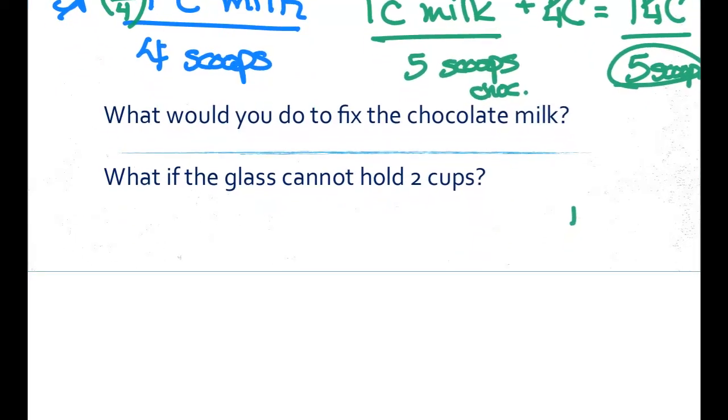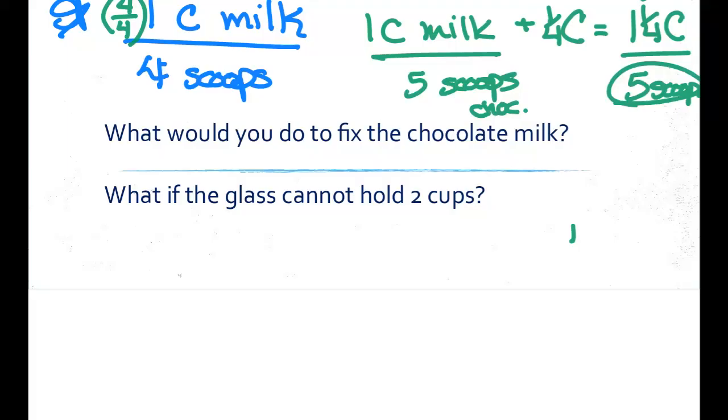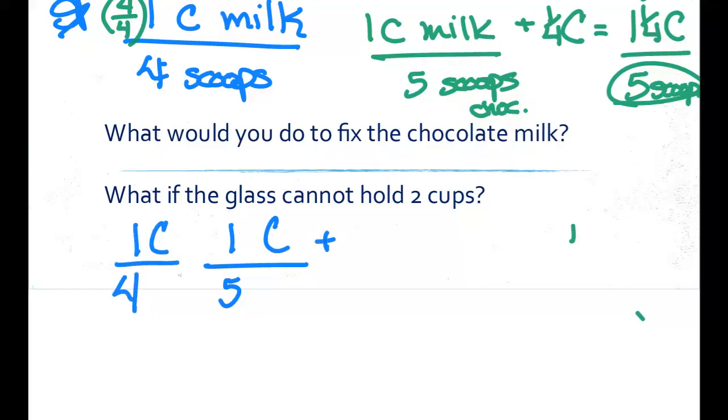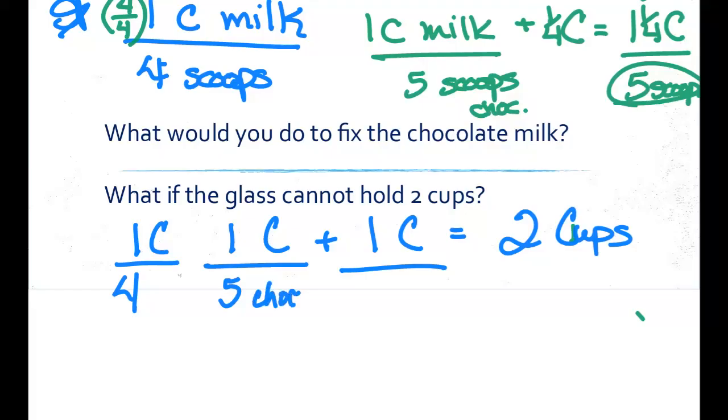And then let's go with what Rachel said. What if we add another cup of milk? Okay? So if 1 cup is supposed to be 4, and we did the 5. If I add 1 cup, that gives me a total of 2 cups of milk. So how many more scoops of chocolate do I need?